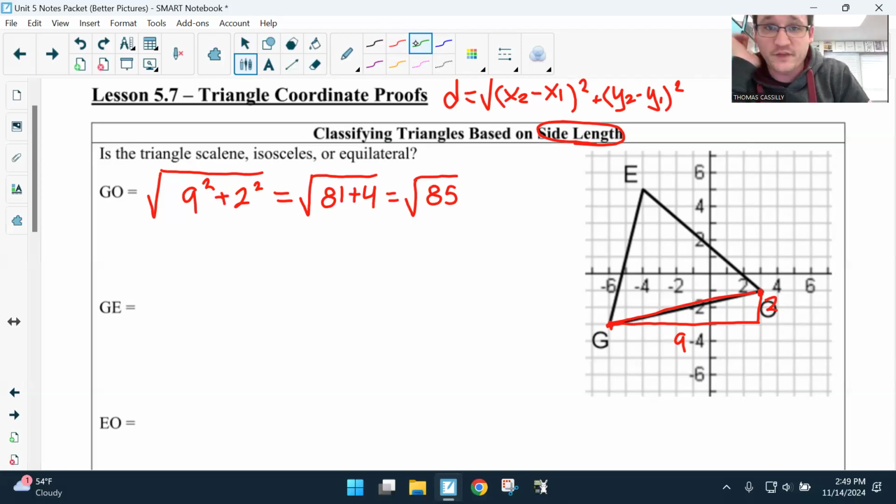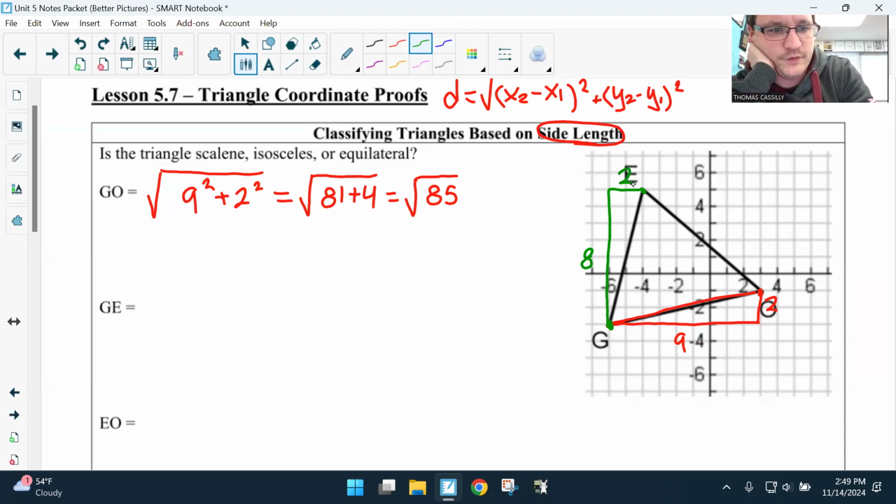Now I'm going to do the same thing with GE, starting at point G and going to point E. Let's make another triangle here. How many spaces up do I have to go, and how many spaces to the right? Just count them: 1, 2, 3, 4, 5, 6, 7, 8. I'm going up 8 spaces, and then to the right 2 spaces.